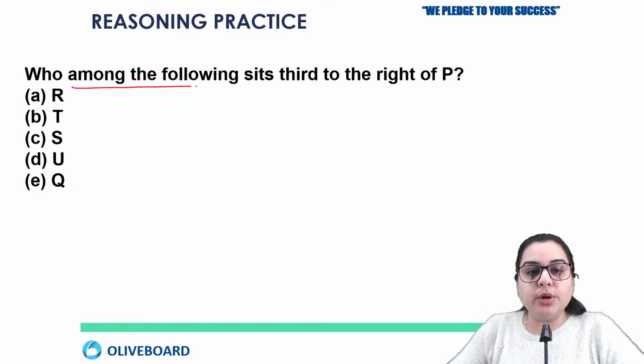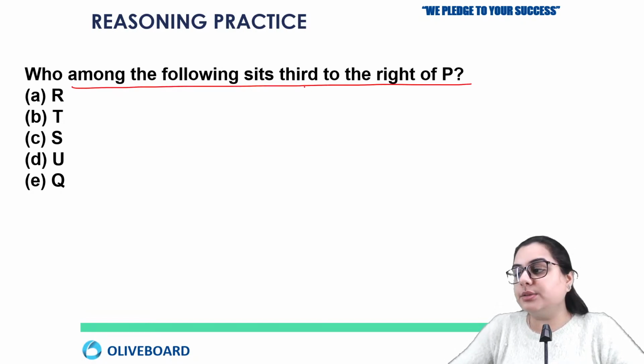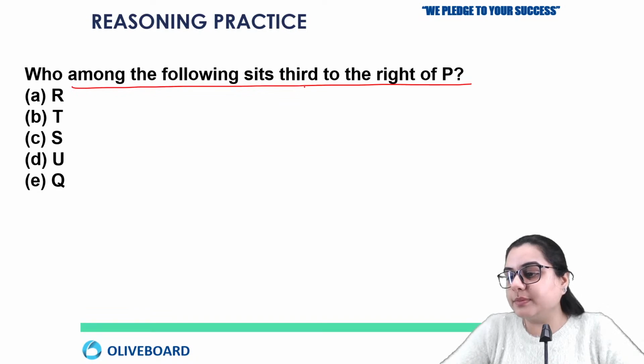Next we have, who among the following sits third to the right of P? Okay, so who among the following sits third to the right of P?